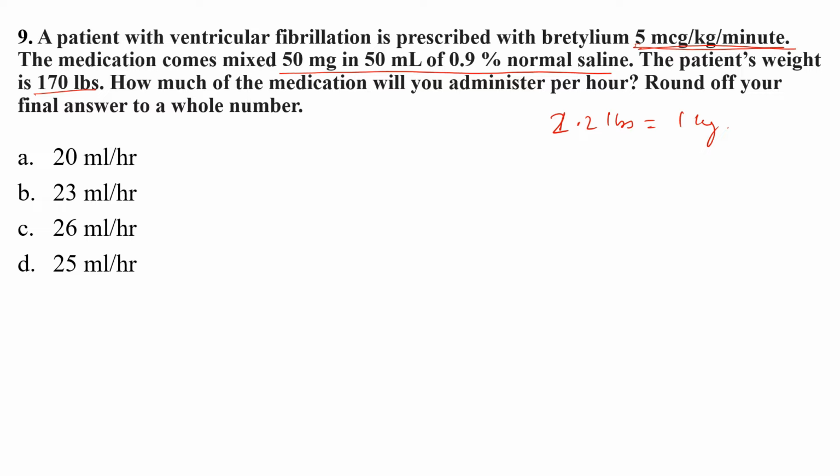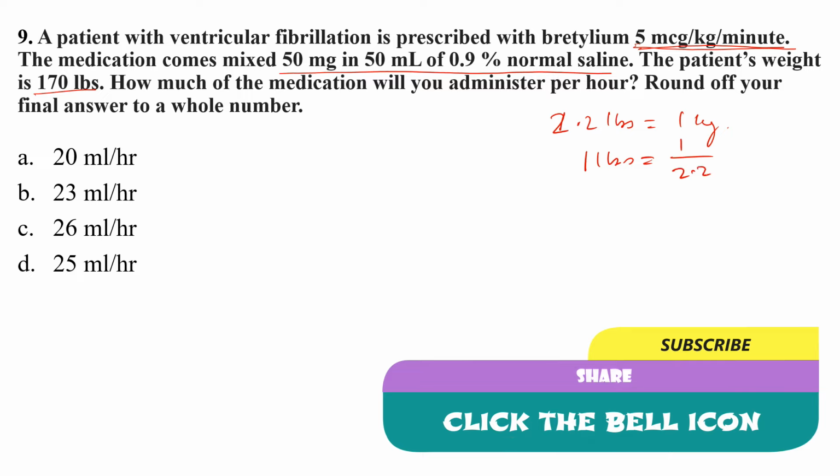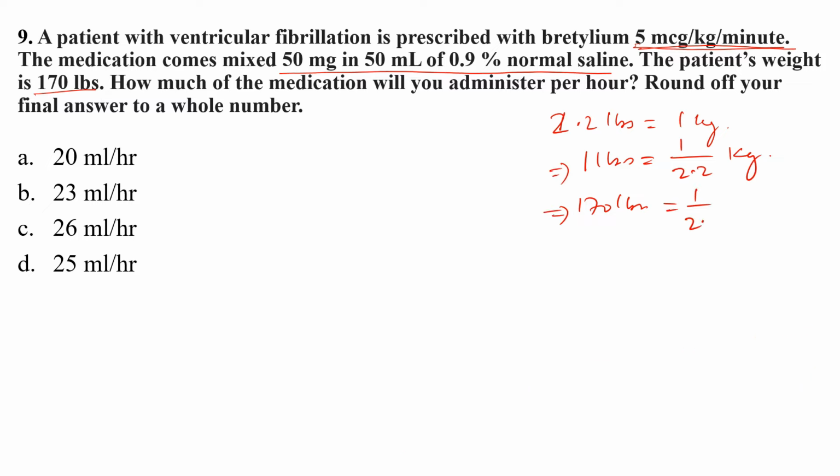So 1 pound equal to 1 divided by 2.2 kg. 170 pounds equal to 1 divided by 2.2 kg multiplied by 170. 170 pounds will be equal to 77.27 kg, which will be approximately 77.3 kg.